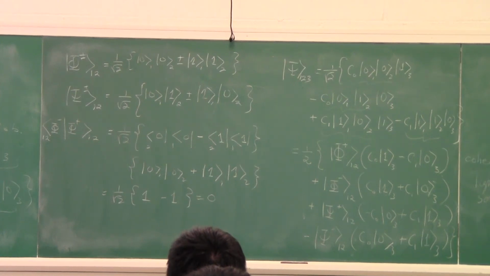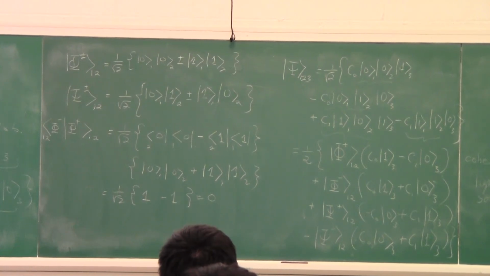I hope I don't have to go through the derivation, but it's a simple projection problem. Do you want me to go through the derivation, or is it pretty much understood how it should be done? You project and find the coefficients.